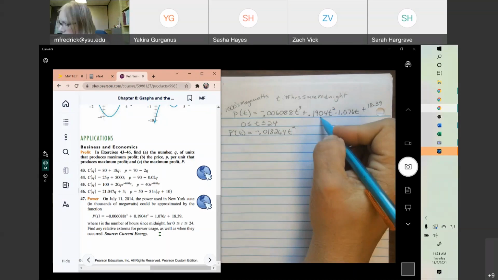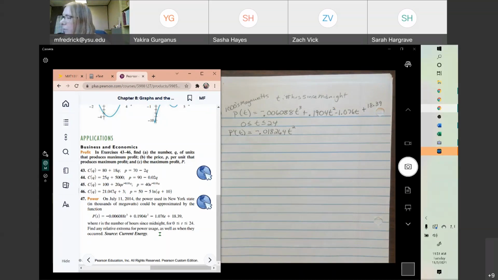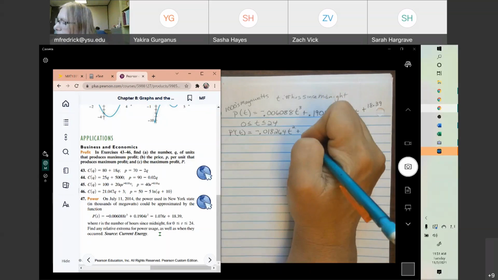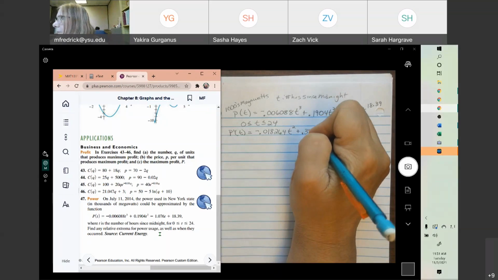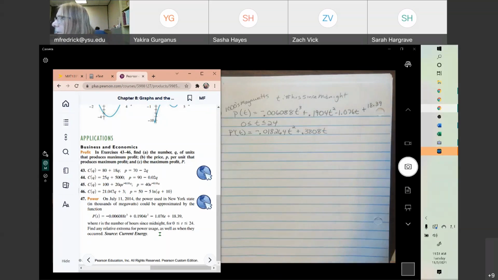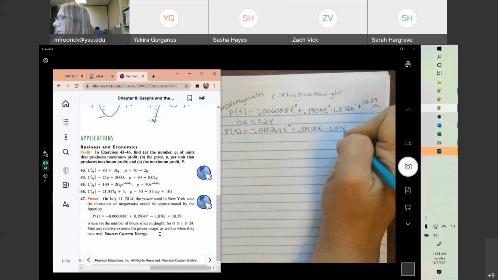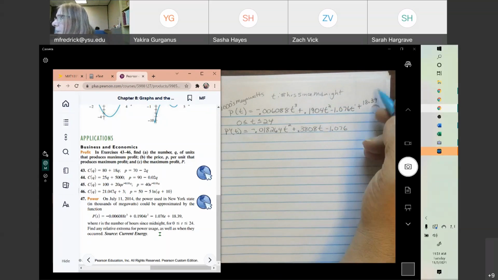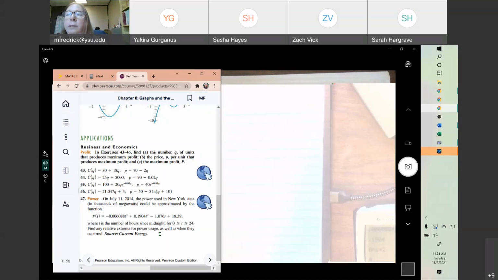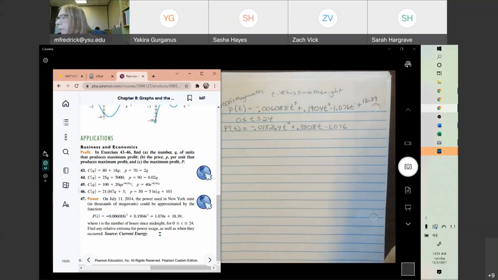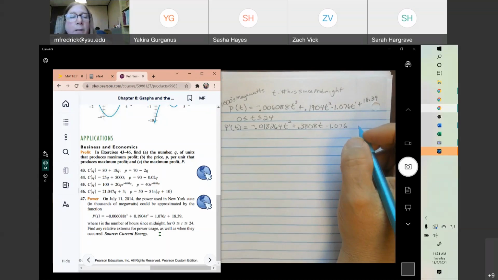Then 2 times the second decimal, 0.1904, times 2. And then 1 times this one, negative 1.076. T to the 0 drops off, and so does our constant. Any questions on the derivative?